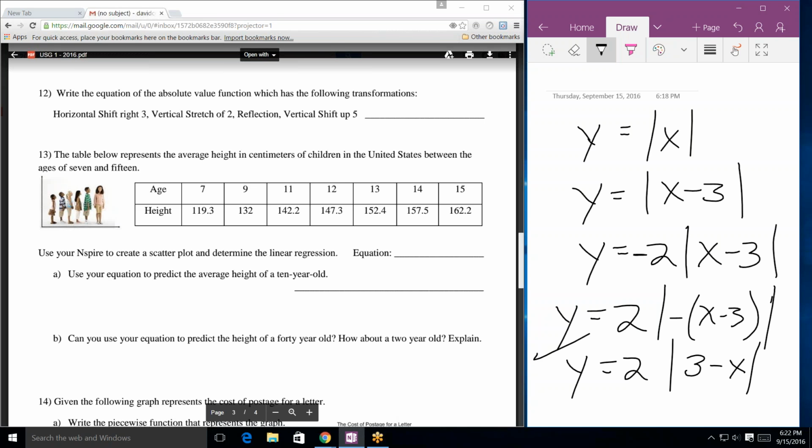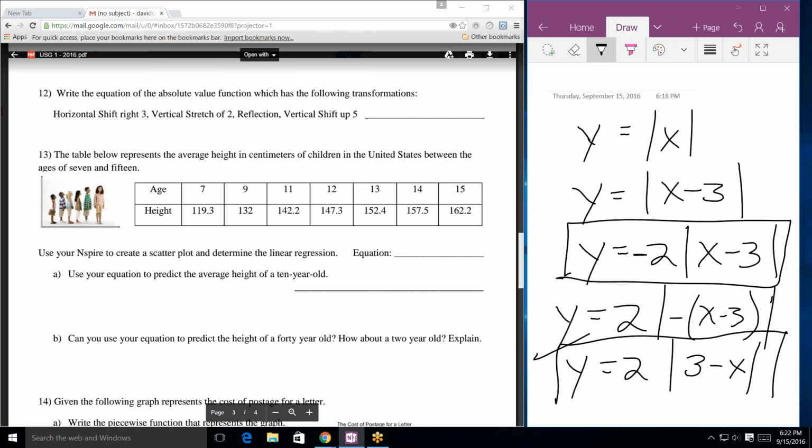There's no way that that equation is the same as this equation. A reflection about the x-axis is not the same as a reflection about the y-axis. So they really needed to specify which axis they were reflecting on.